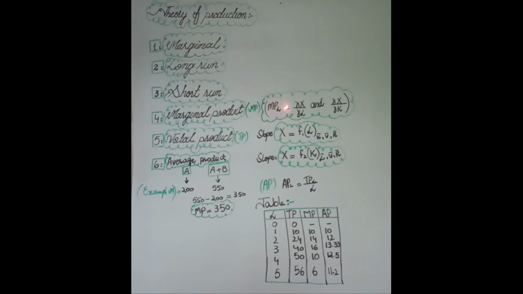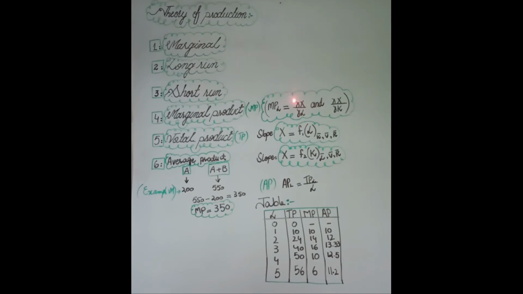Marginal product of labor is equal to change in output divided by change in labor, and change in output divided by change in capital. X is denoted for the output or the product. We want to find out the marginal productivity of labor.